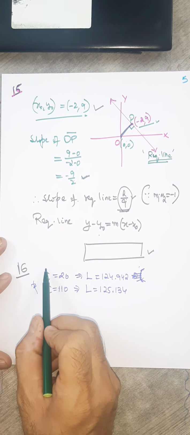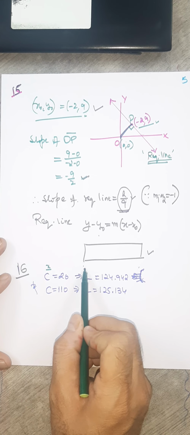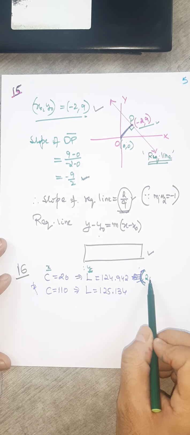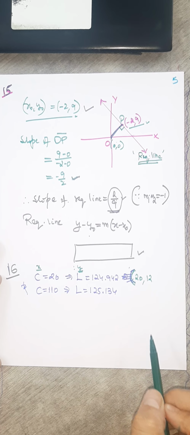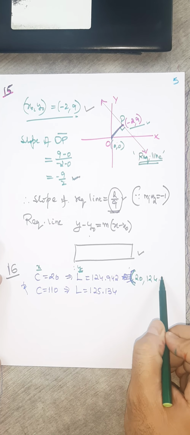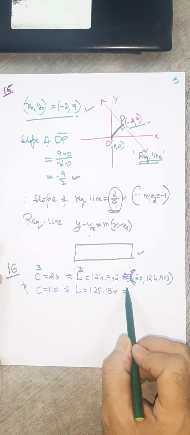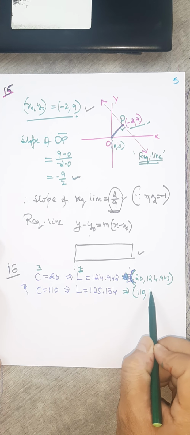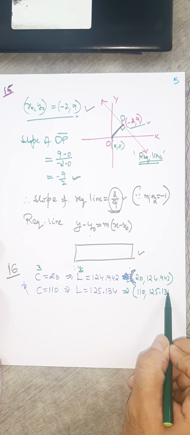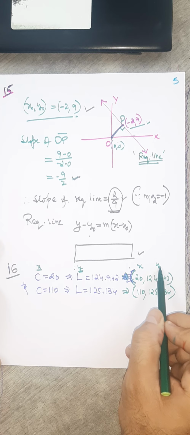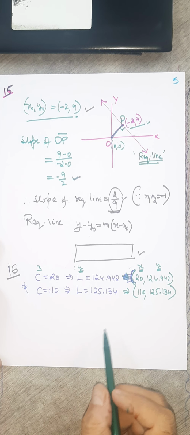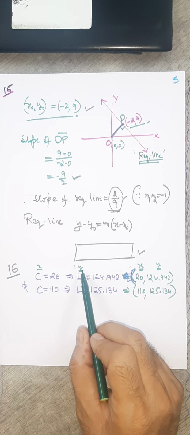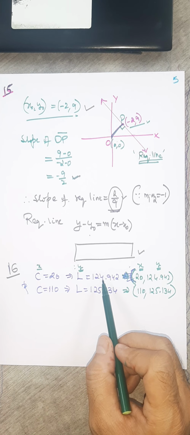So you can imagine this is like variable x and this is like y. From this you have x comma y, 20 comma 124.942, and this is also like x comma y, that is 110 comma 125.134. Now you want an expression in terms of these two variables, so you can make L the subject.